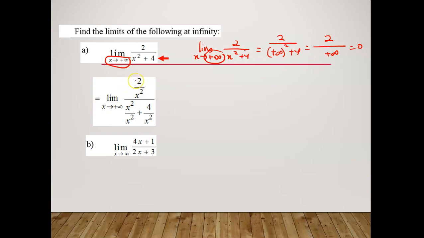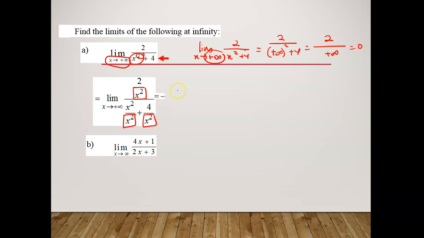So in the limit process to solve, you have to look at the highest power of x, in this case power 2, so you will divide each term in your fraction. 2 over x squared, over x squared over x squared, 4 over x squared.